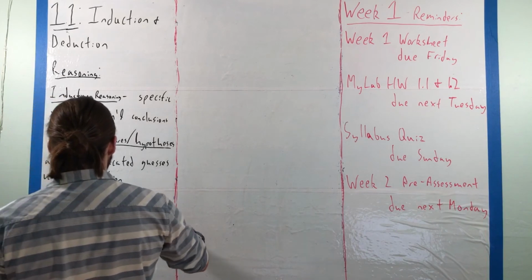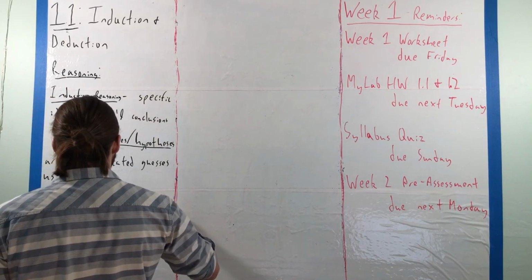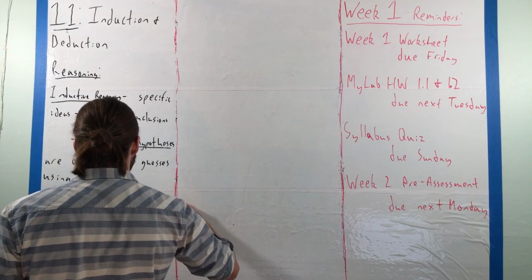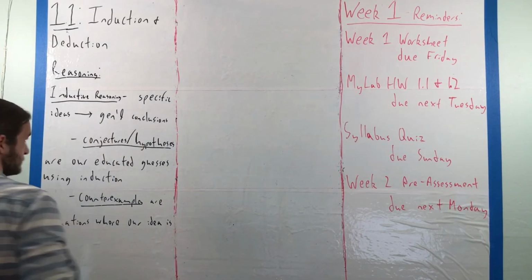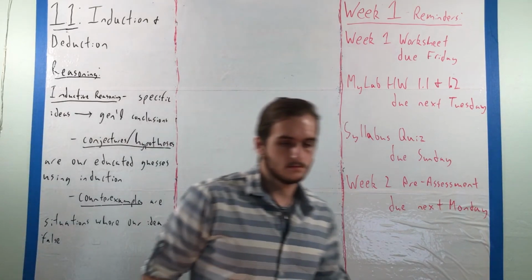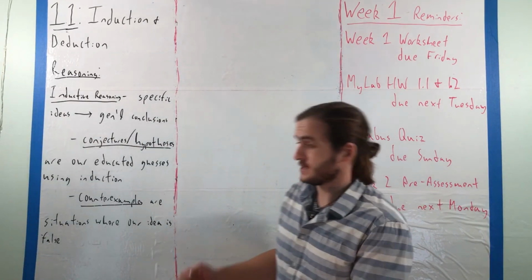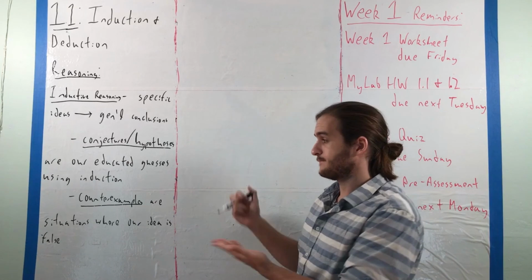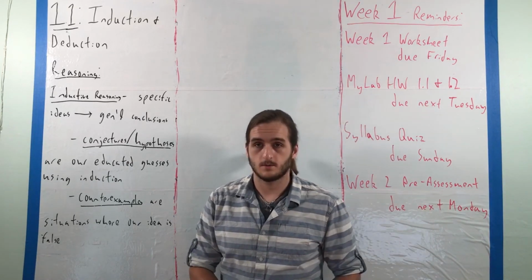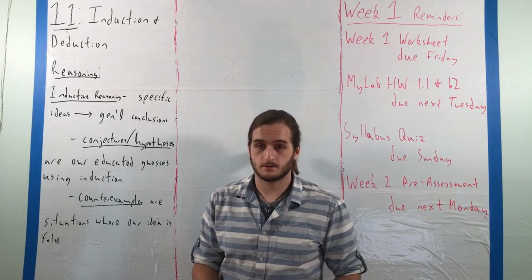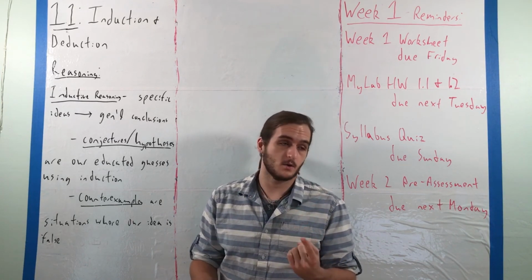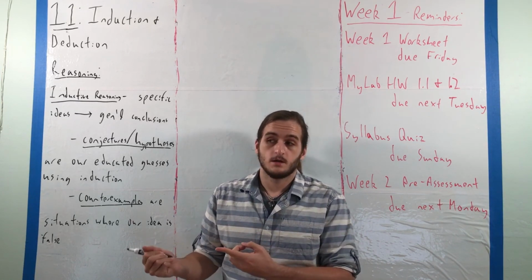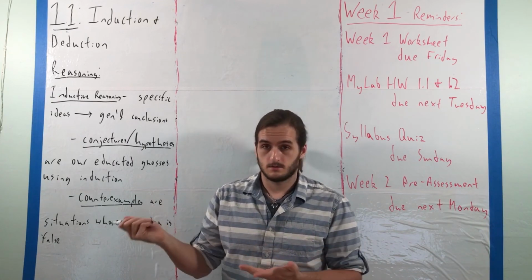In other words, where the conjecture is false. So for that example, the idea of getting to school on time, the one case where it didn't happen is your counterexample. It only needs to not happen once to be able to say, or more appropriately, to not be able to say that it's true.